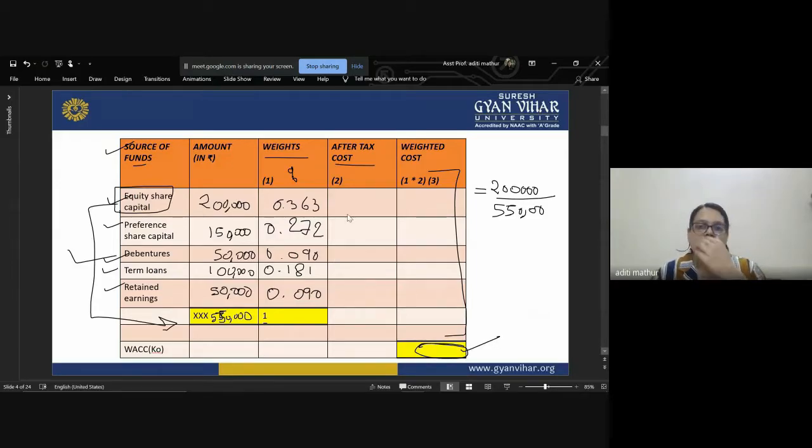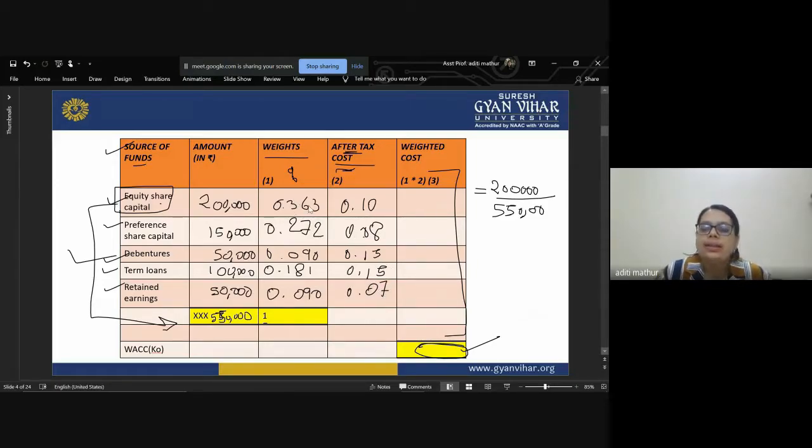So let us just assume that after tax cost of equity is, let's say, 10%. For preference, it is 8%. For debentures, it is 15%. For term loan, it is 15%. And for retained earnings, let us just assume it is 0.7.